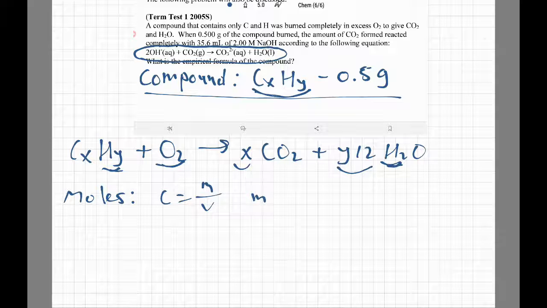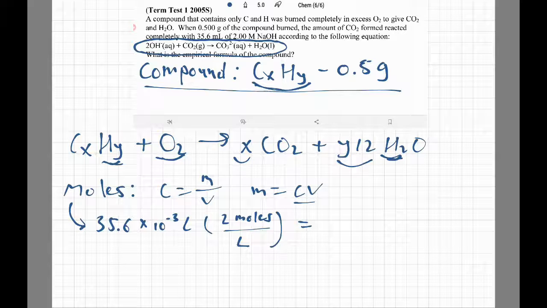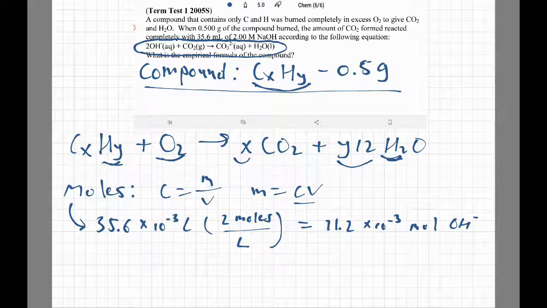So then n is just going to be C times V. So if you do this, you're going to get this guy over here. So that means we have 71.2 times 10 to negative 3 moles of OH ions reacting. Okay, that's also the same thing as 71.2 millimoles, but we're just going to stick with moles for the sake of units because we're going to work with grams.